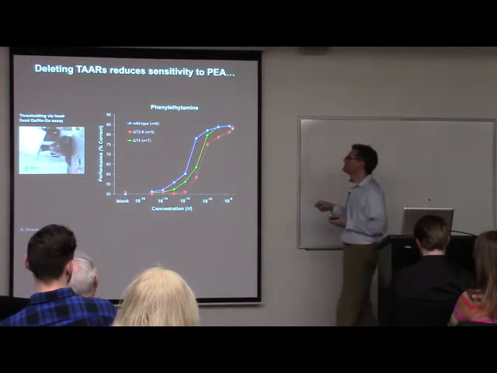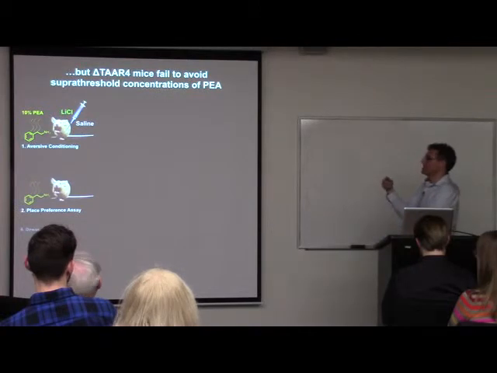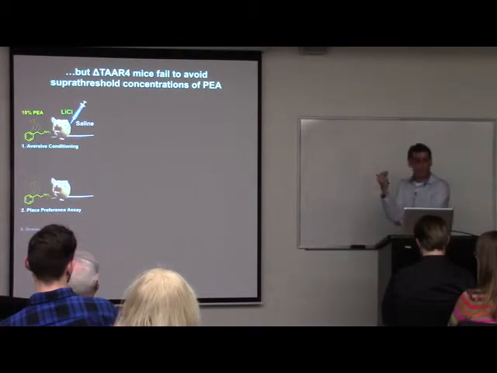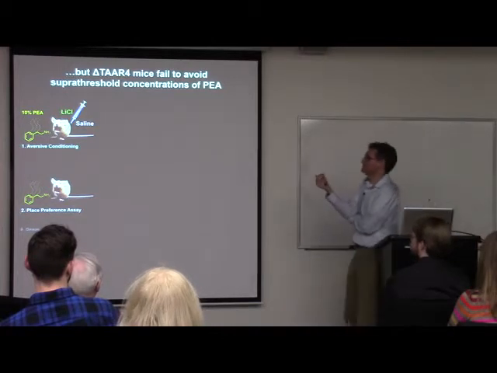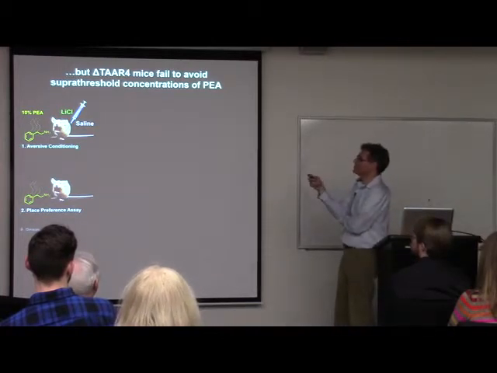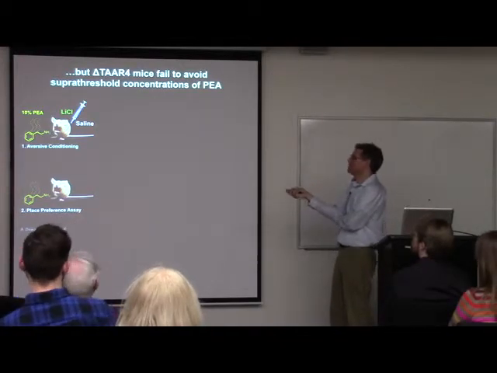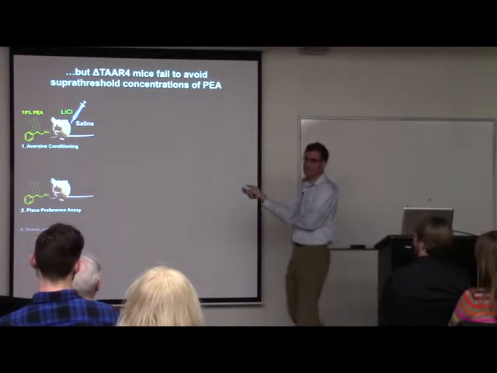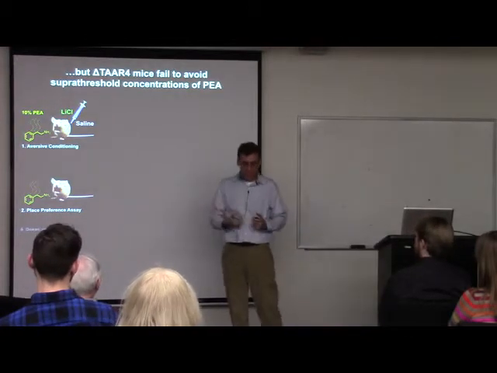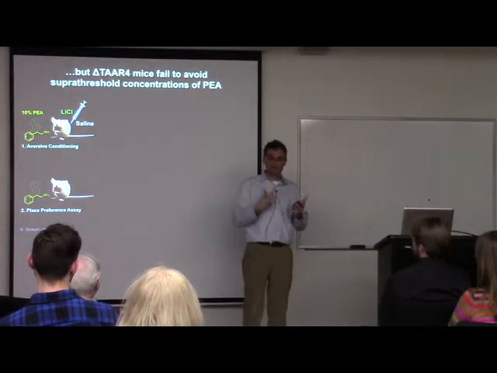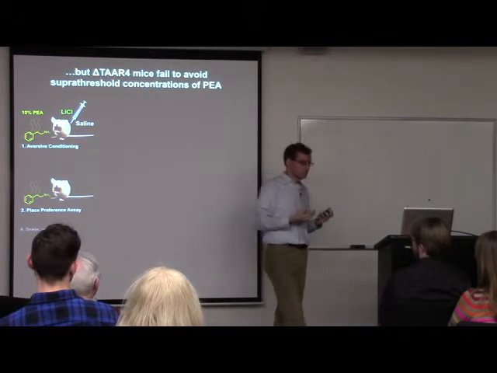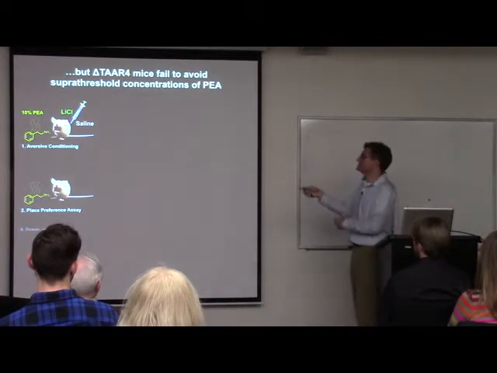So what we can do is take animals and do an aversive conditioning experiment to ask them if they can smell phenylethylamine under conditions which they don't normally avoid. We take mice of different genotypes, we expose them to phenylethylamine, they smell the odor, and then we immediately pair that with either a saline injection as a control or lithium chloride to make them sick.